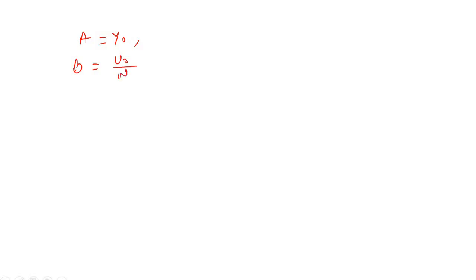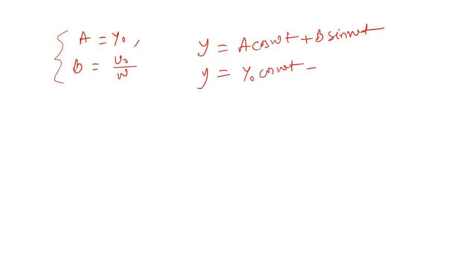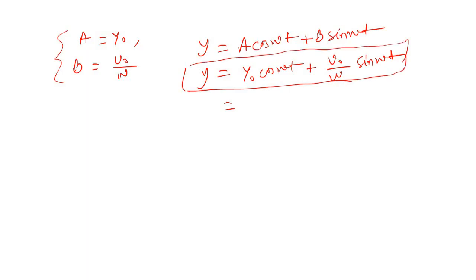Our initial equation was y is equal to a cos omega t plus b sin omega t. If you put the values of these two constants, you will get y is equal to y0 cos omega t plus v0 by omega sin omega t, right? So this is the complete solution of an undamped system.